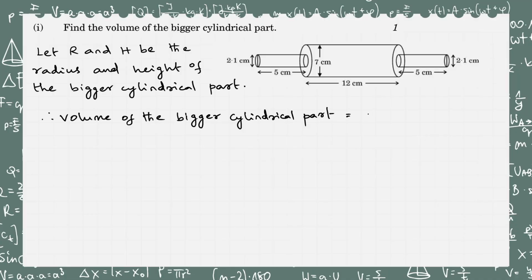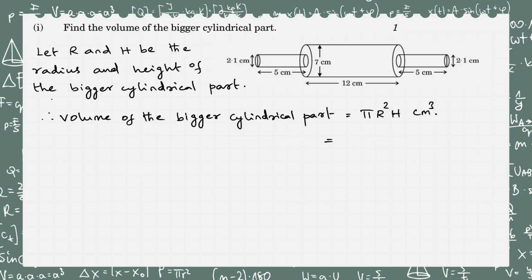is equal to pi r square h is the formula, right? But r and h we have to use the capital letters. Okay. So, pi R square H. Centimeter cube will be the unit for the volume, right? So, we have written that also. Now, let us put the values given to us.